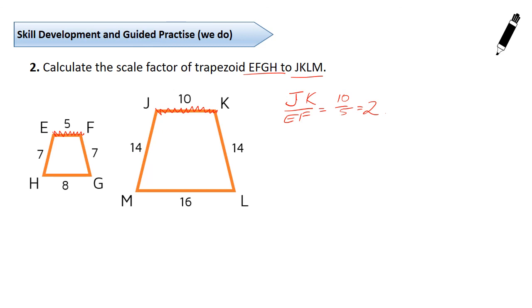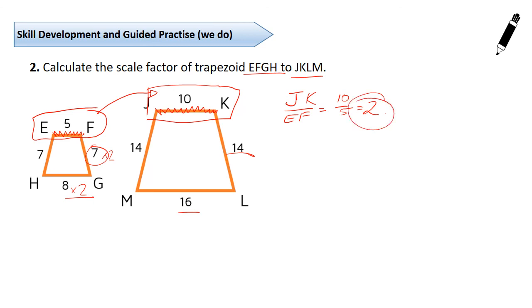But of course, what you guys can ask yourself is, what number do I have to multiply by this length to produce this length here, okay? And hopefully we could see, well, 2 times 5 is 10, so my scale factor is going to be 2. And then a really quick check, well, 2 times 7 is definitely 14. 2 times 8 is definitely 16. So my scale factor is 2.